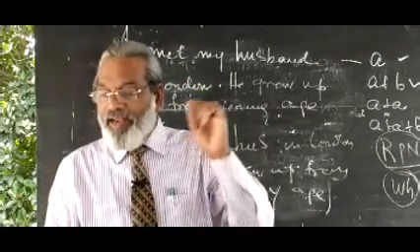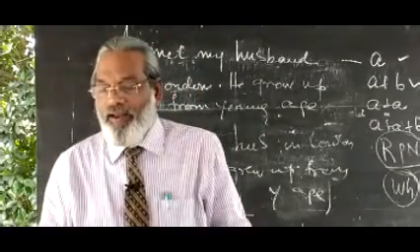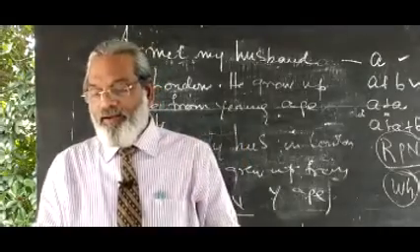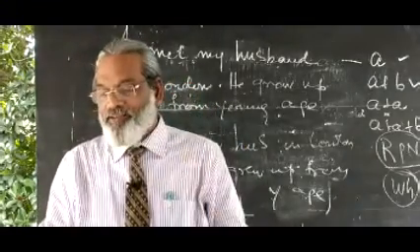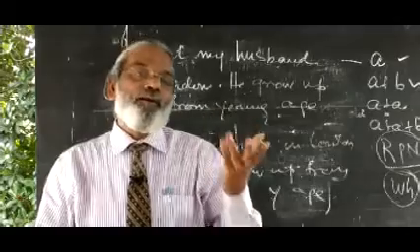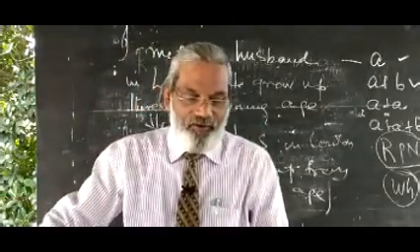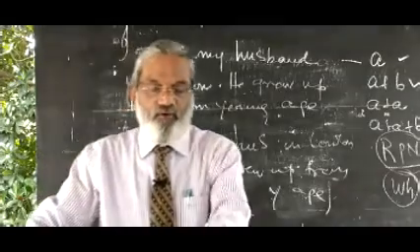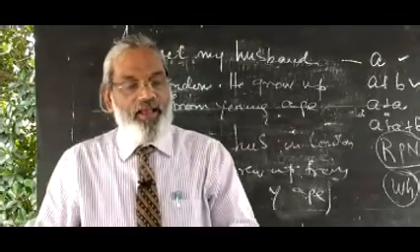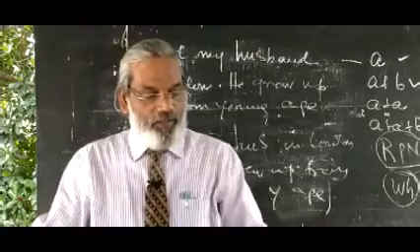Second exercise, same page number 91: combine into single sentences using subordinating conjunctions. So all these areas have been taken very seriously from the beginning. Then you can go through that.